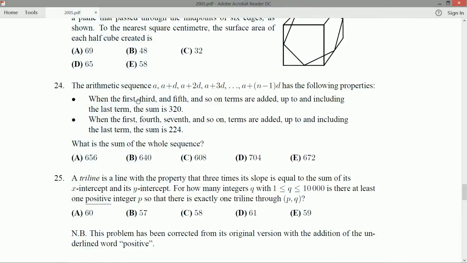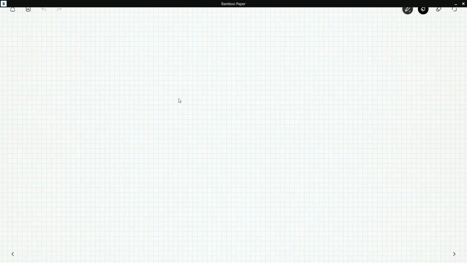Alright, let's figure out how to add up terms in an arithmetic sequence, provided they have a bit of a progression. The first term by itself is a. If I add on the third term, we have a + 2d. If I add on the fifth term, we have a + 4d. The seventh term would be a + 6d.